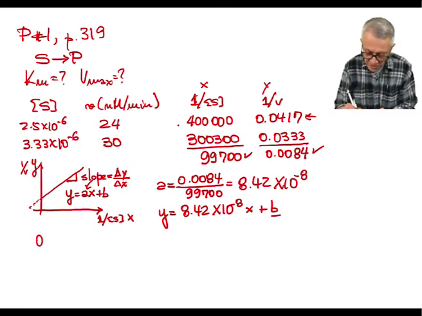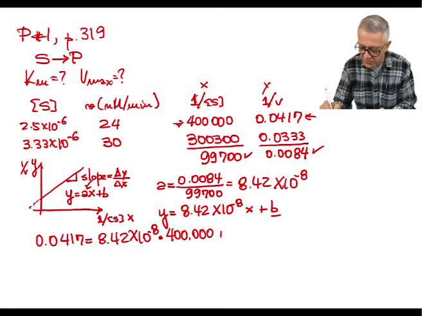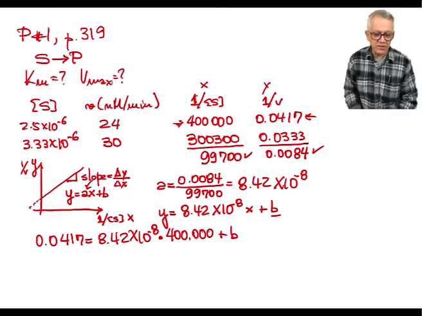It's going to be 0.0417 equal 8.42 10 to the power of negative 8 multiplied by this number, 400,000, plus b. From that we can calculate how much is b, right?